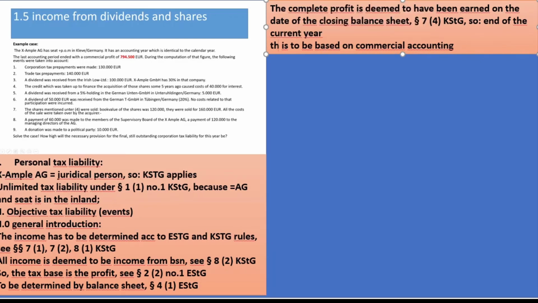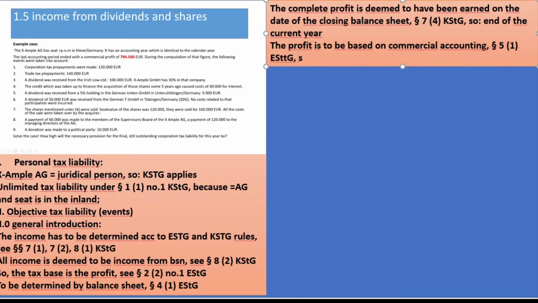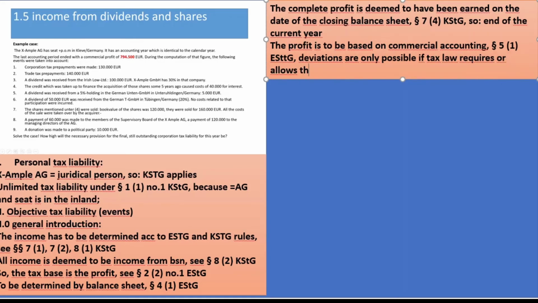The profit calculation is to be based on commercial accounting, paragraph 5.1 KStG. So deviations are only possible if tax law requires or allows them.